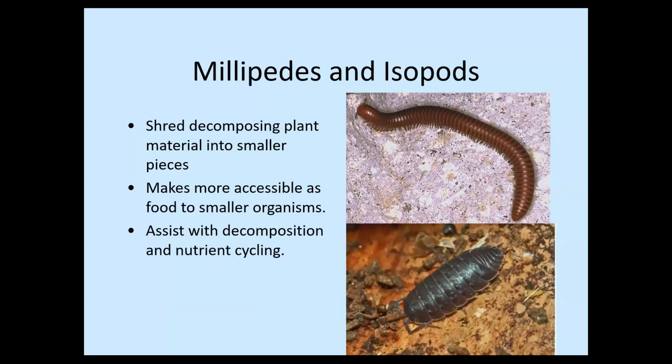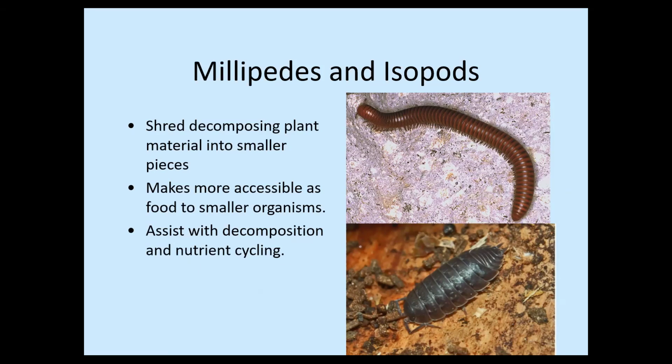So millipedes and isopods, the roly-polies on the bottom there. What they're doing, if you found a lot of them in your pitfall trap or just saw a lot of them around, they're shredding decomposing plant material into smaller pieces. And this is a good thing because it makes that food more accessible to smaller organisms.